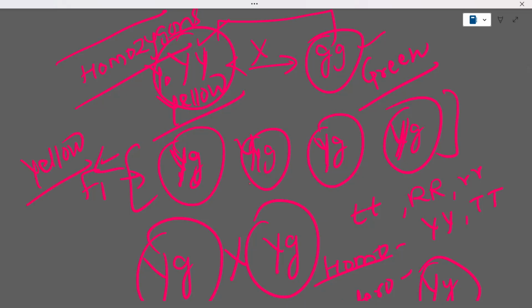So it showed that yellow is the dominant color, and irrespective of the other allele, if dominant is there, it is going to be expressed.